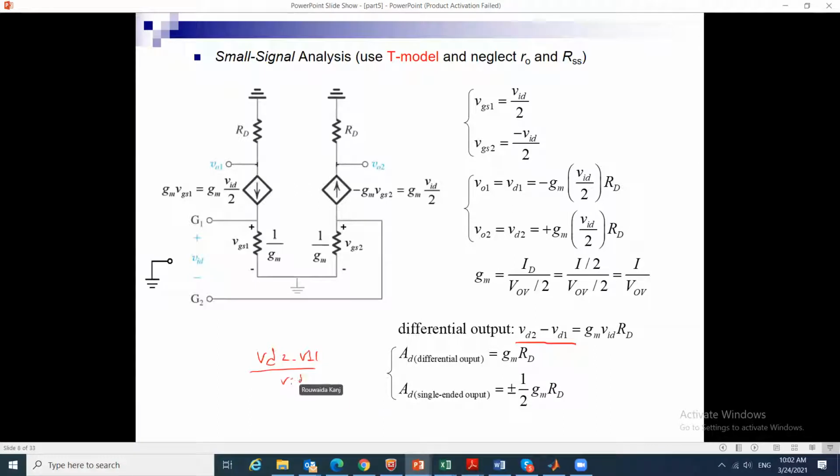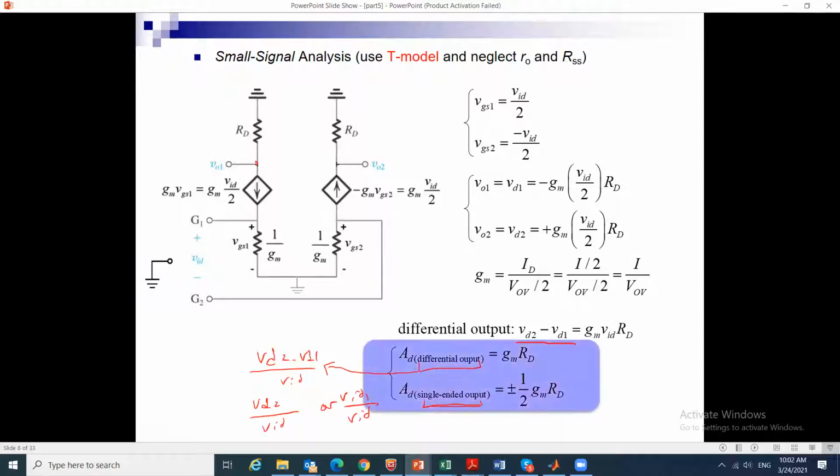And the other one is the single-ended, which is VO2 or VO1 over VID. This would be single-ended, and this would be the differential output.